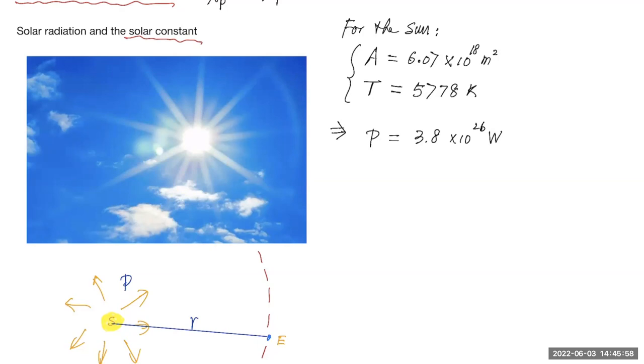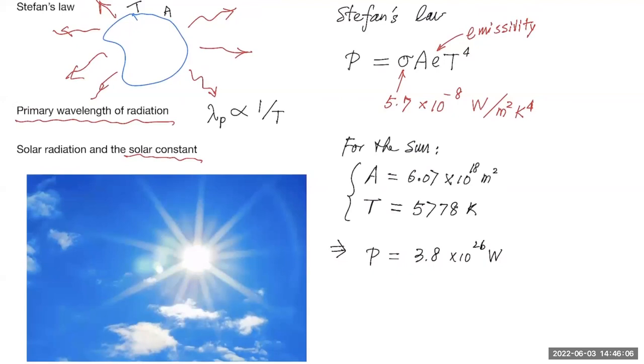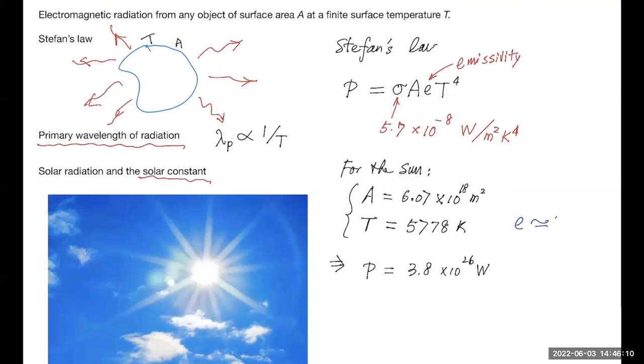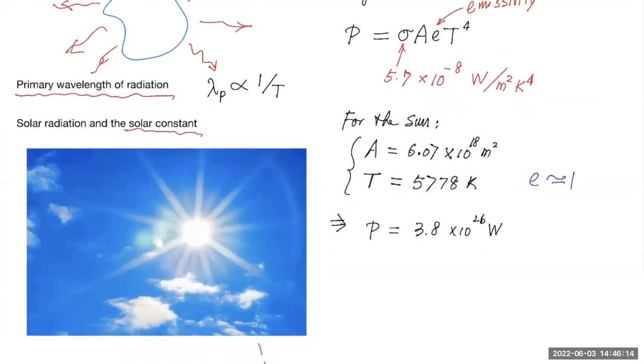Again, that's about 5,500 degrees Celsius. Given these numbers, you can plug into the Stefan-Boltzmann law, with e roughly equal to 1. You find the total power output of the sun to be 3.8 times 10 to the 26 watts. Well, that's a lot, but that number is too big, kind of hard to comprehend.